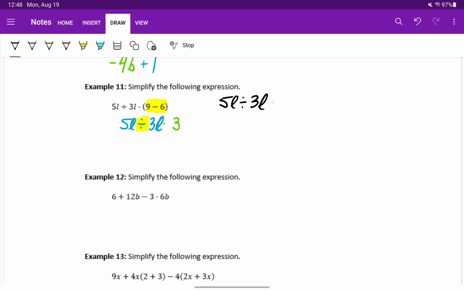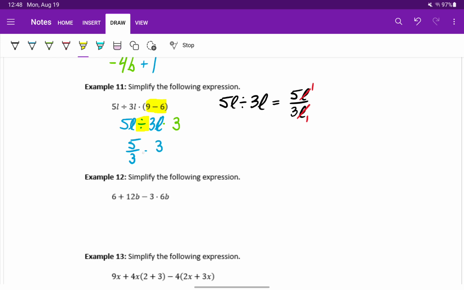5L divided by 3L can also be written as a fraction. 5L over 3L, which we can still read as 5L divided by 3L. Then any value divided by itself will just cancel out to 1. So 5L divided by 3L will reduce to 5 over 3, or 5 divided by 3, times 3.